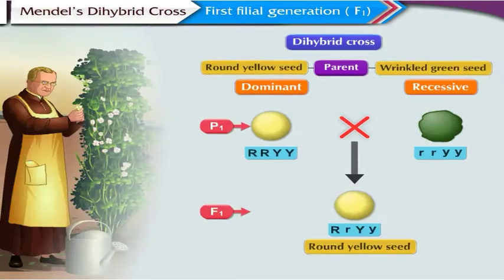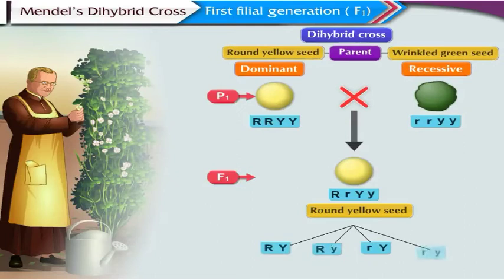The plants of the F1 generation of dihybrid cross produce four types of gametes: capital R, capital Y; capital R, small y; small r, capital Y; and small r, small y. Of these, the capital R, capital Y and small r, small y gametes are similar to the gametes produced in P1 generation.